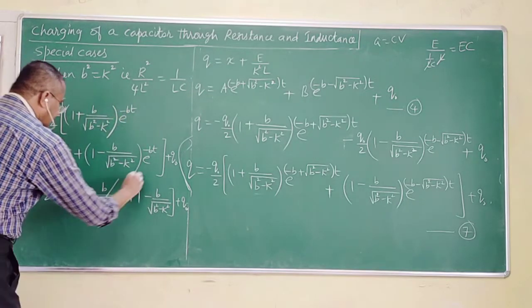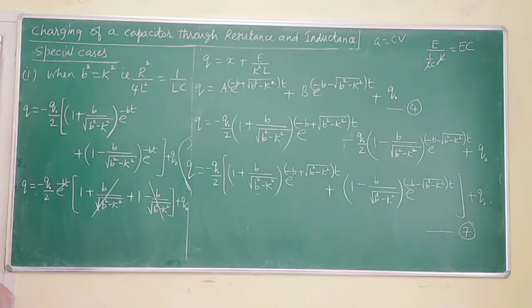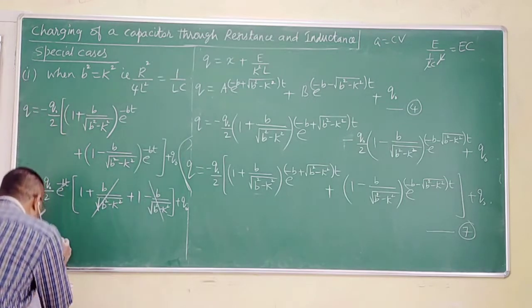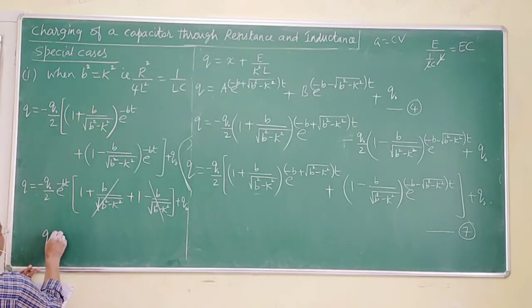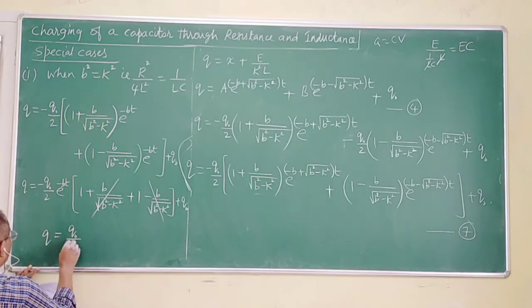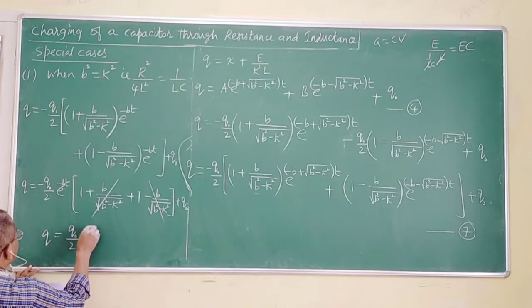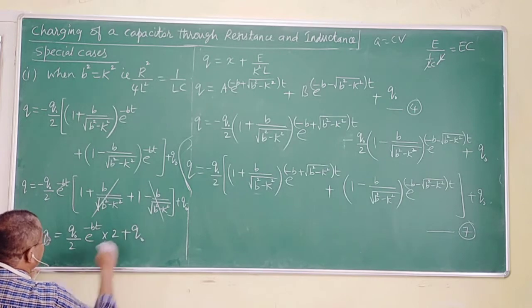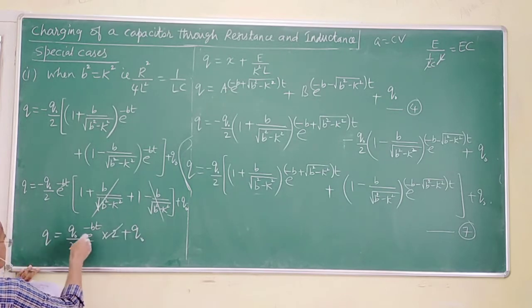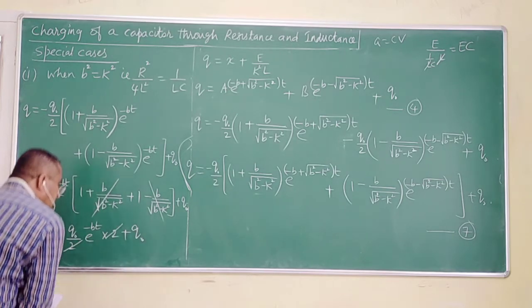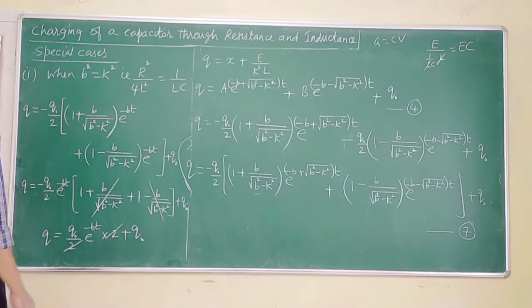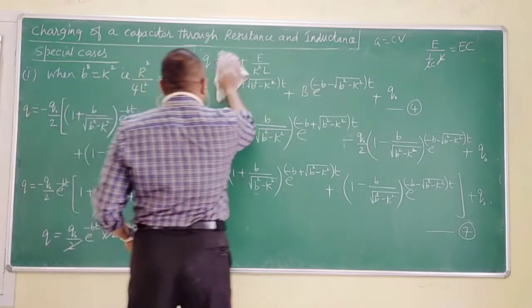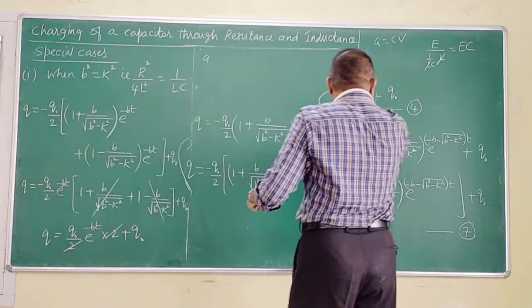You can see this gets cancelled, and therefore I get q is equal to q naught by 2 e power minus bt into 2 plus q naught. This 2 goes off to give me, where shall I write, I will write it here.